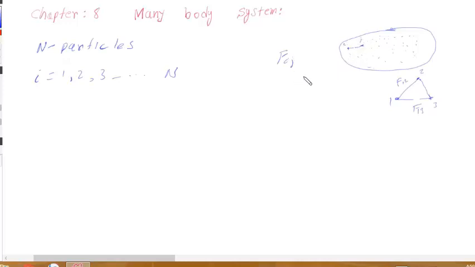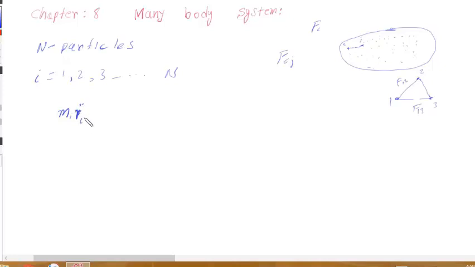There is also another object which exerts a force on this system, and this external force is represented by Fi.